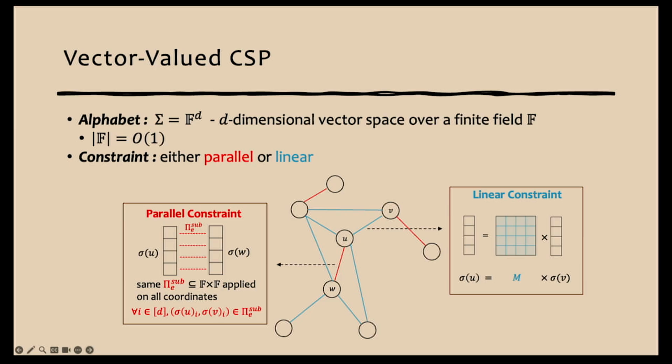By parallel constraint, we mean that the same sub-constraint is applied on every coordinate, which means that for every coordinate i, sigma u i and sigma v i belong to the sub-constraint. And a linear constraint just says that sigma u is exactly a matrix M multiplied by sigma v.